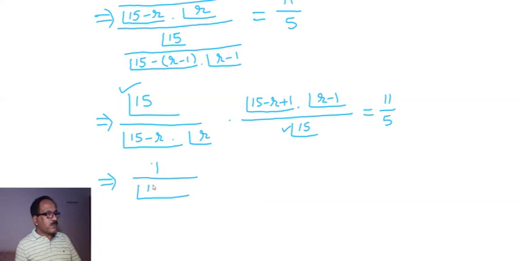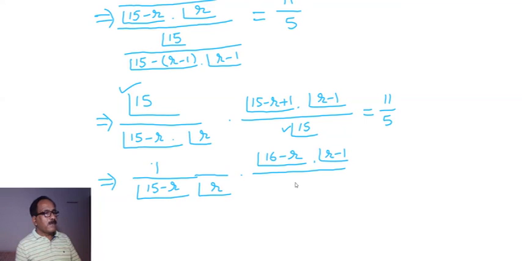factorial 15 minus R into factorial R. Here in this step, factorial 15 minus R plus 1, 15 plus 1 means that is 16 minus R, minus 1 in factorial upon 1 is equal to 11 upon 5.